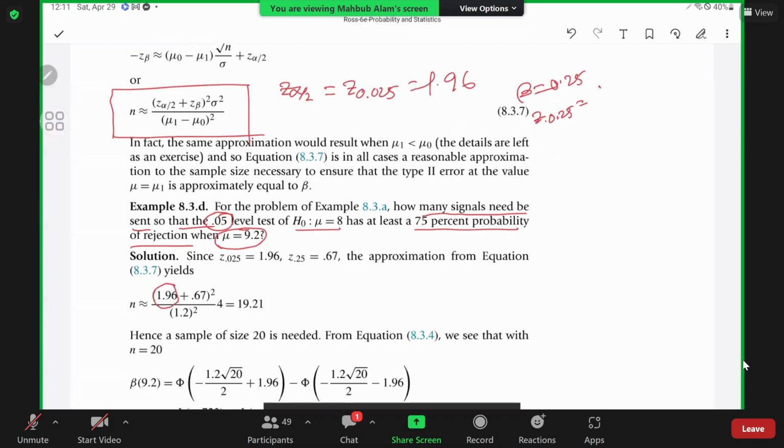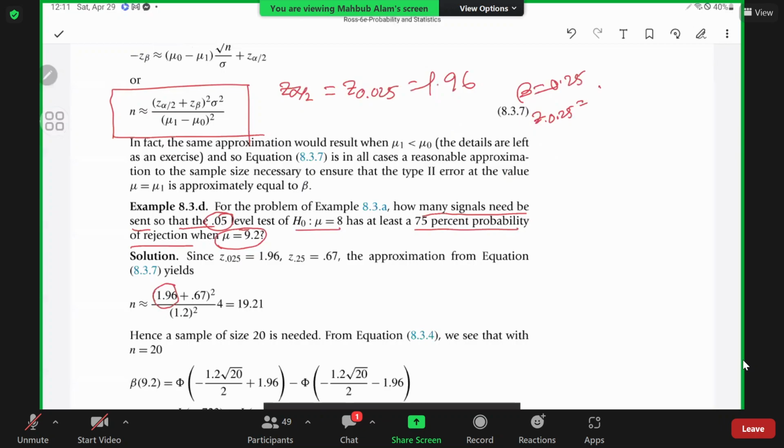And so n equals 20. If you check it the other way around, for n equal to 20, what is the probability of the type 2 error? By applying this in the formula of beta, where just the n has been changed, it is found that this becomes 0.235.